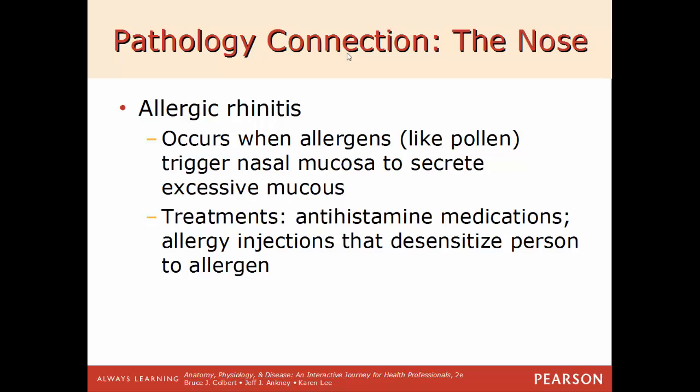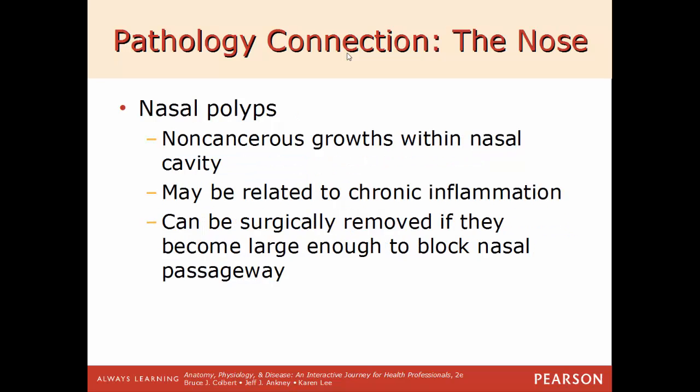You have inflammation of the nose itself, which causes the nasal mucosa to secrete more mucus than is necessary, so the mucus will run out of your nose. Nasal polyps are non-cancerous growths found within the nasal cavity. These may be related to chronic inflammation, and they can be surgically removed if they become large enough to actually block the nasal passages.